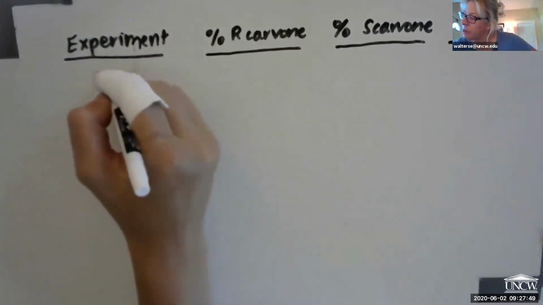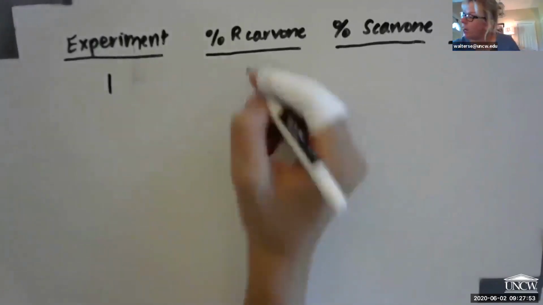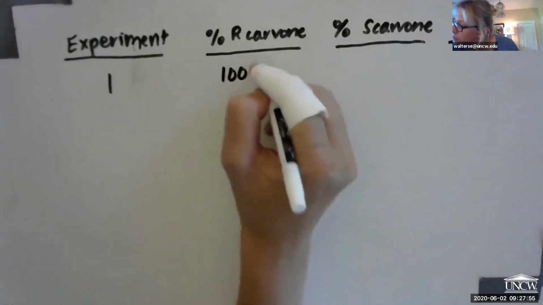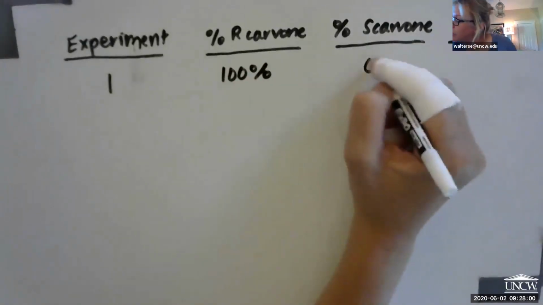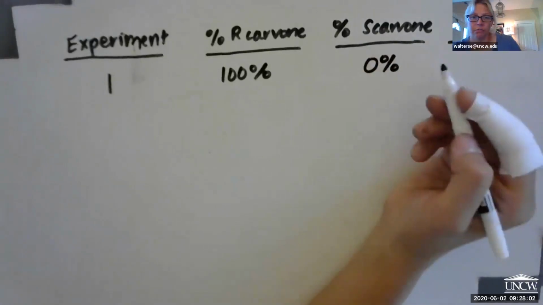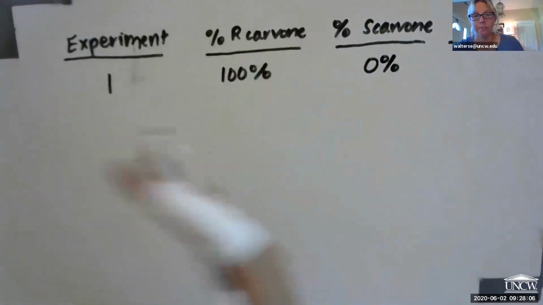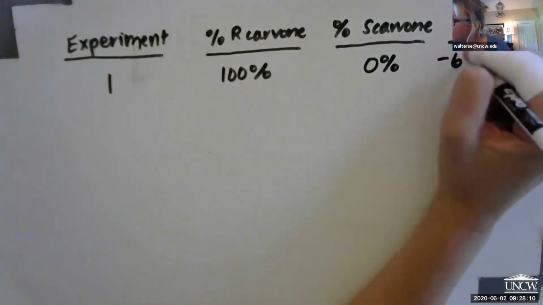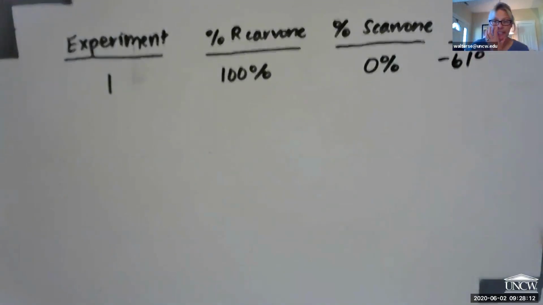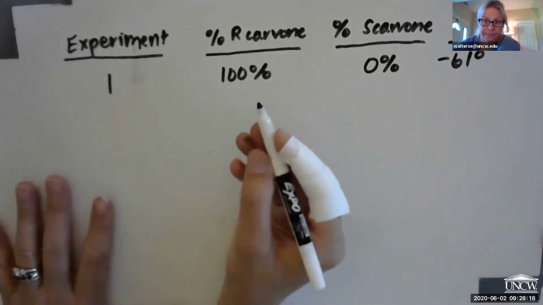All right. So in experiment 1, we're going to put in 100% R carvone and 0% S carvone. So we have a pure sample of R. We would do the measurement and we would normalize to find out that our rotation is minus 61 degrees to the left.